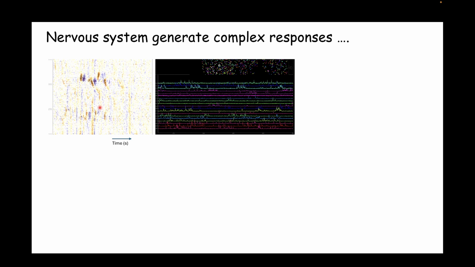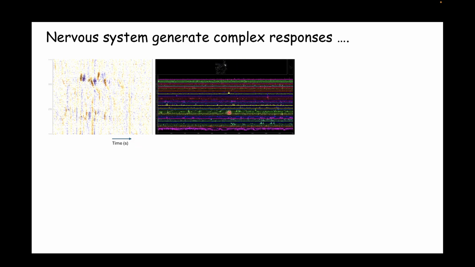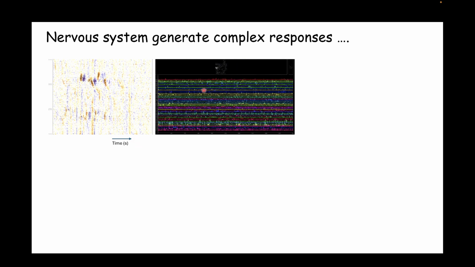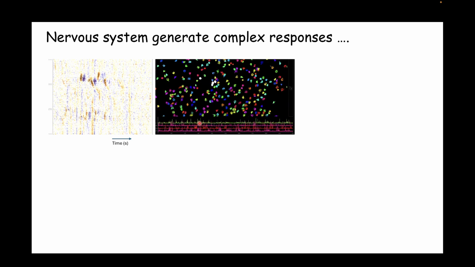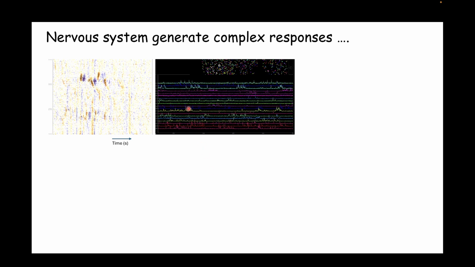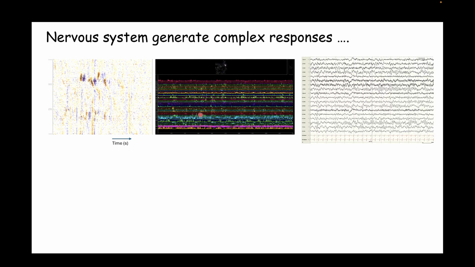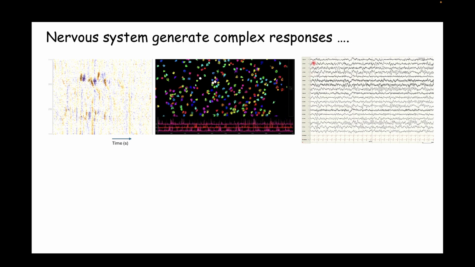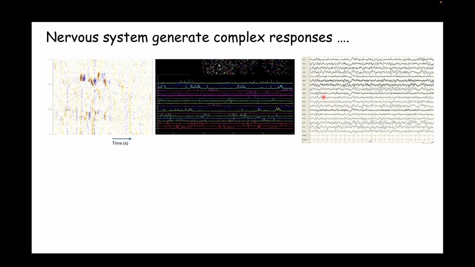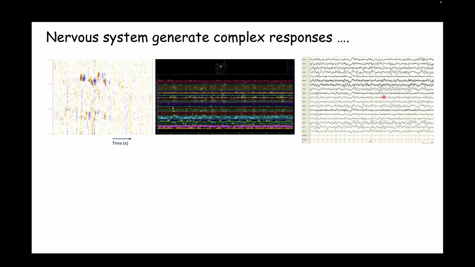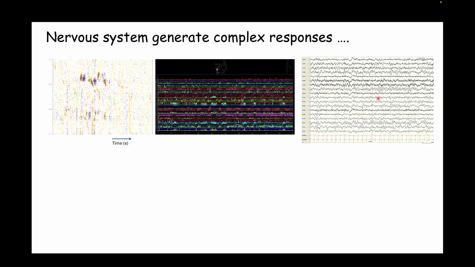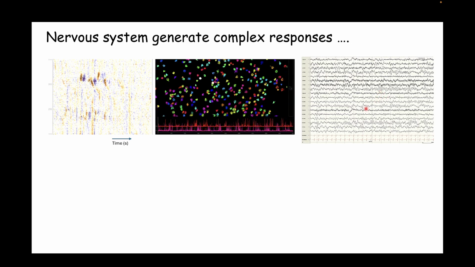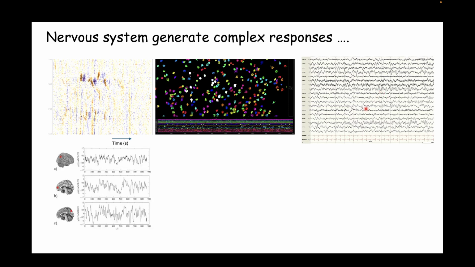Also, when you take other modalities, this is calcium imaging, where the fluorescence of neuron activity is captured, and here you see the time series, which is very complex to see. And then you have EEG responses as time progresses across different electrodes on the scalp. You see how complex it is to the naked eye. You can see some prominent oscillations, but you can't really make sense of it just by looking at it or visualizing it.